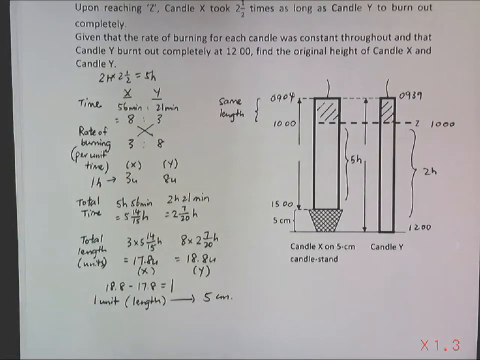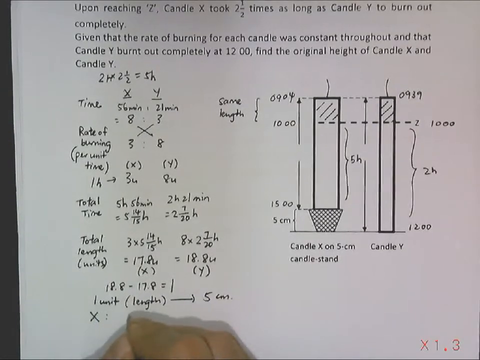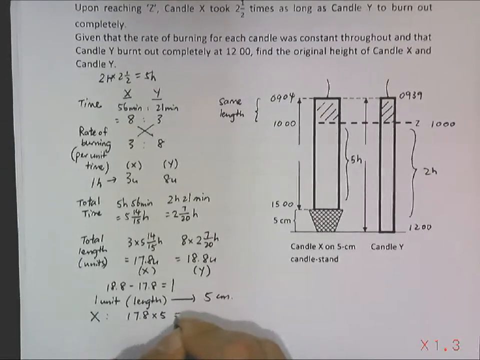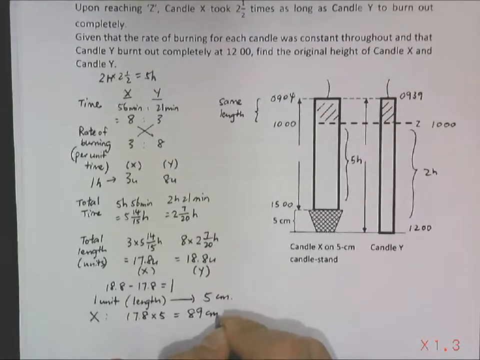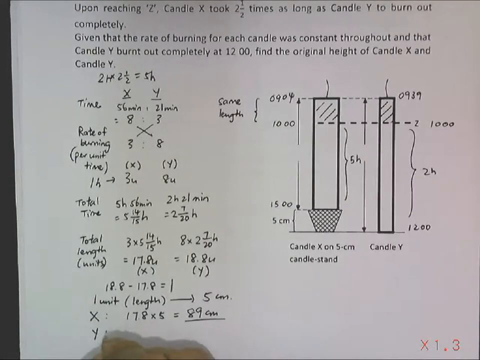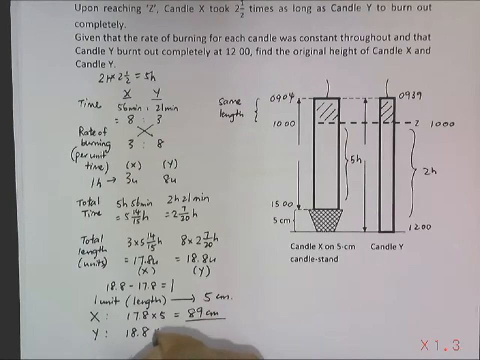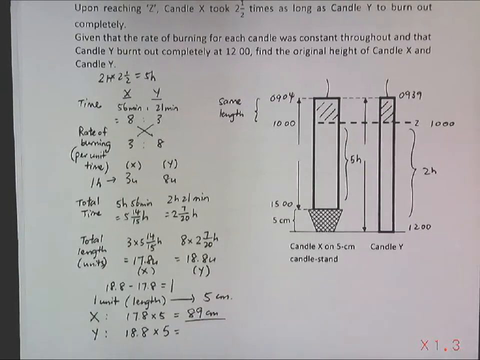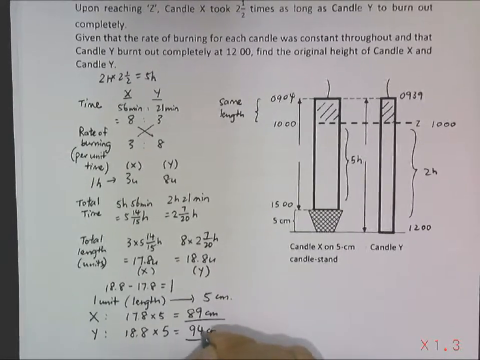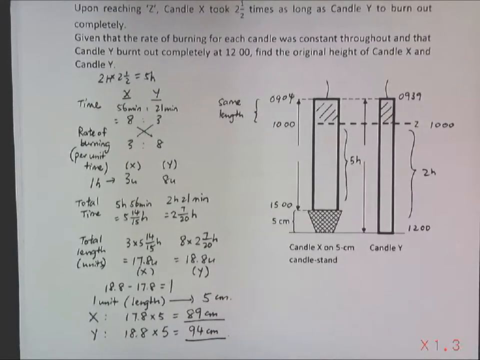Let's find candle X first by multiplying by 17.8 units, and it gives us 89 cm. Candle Y, 18.8 units, would give us a length of 94 cm. So we found the length of both candles.